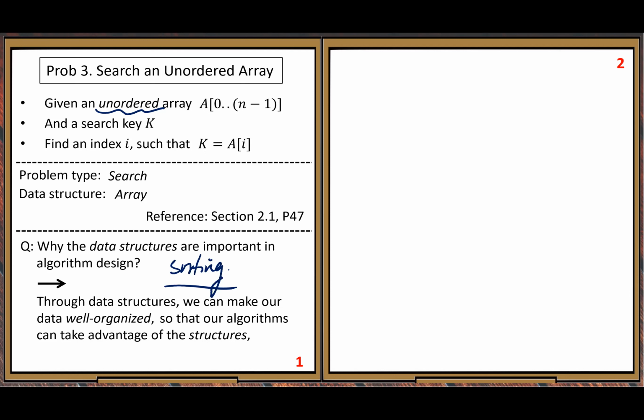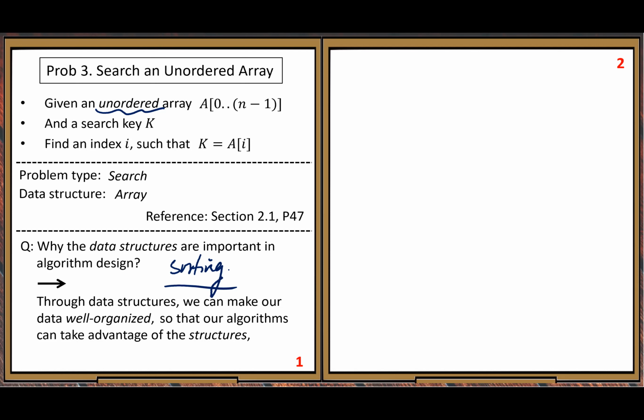You need to pay quite a bit of cost, because sorting is pretty expensive. But after you pay that much cost on sorting, then you enjoy the result with the property that the data is ordered in ascending order.